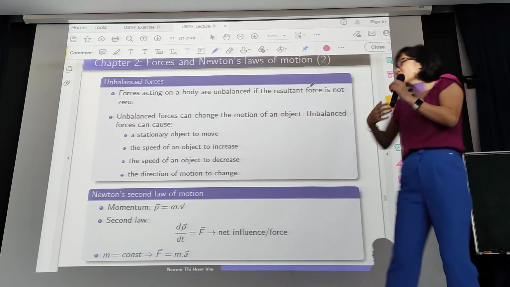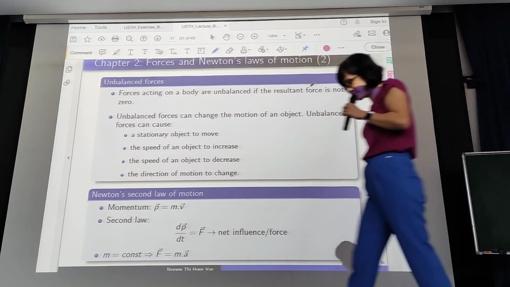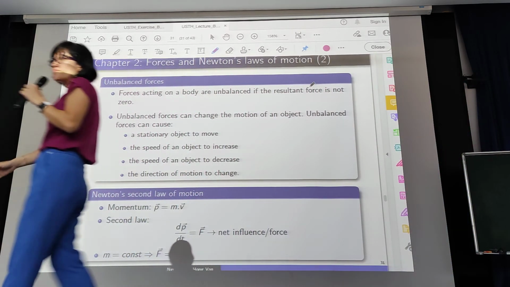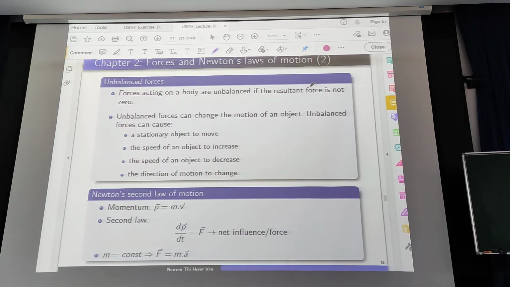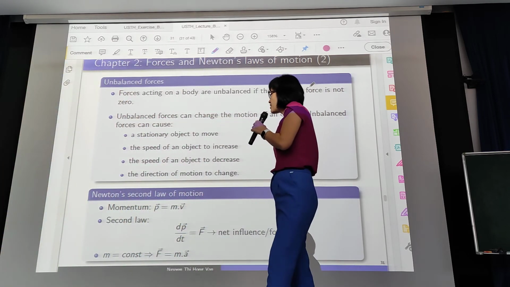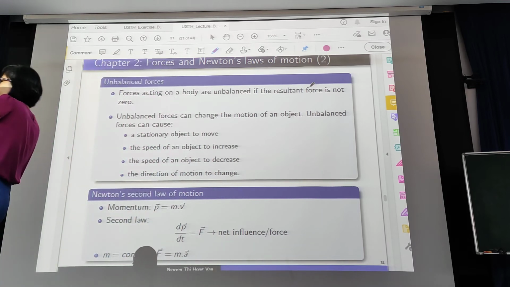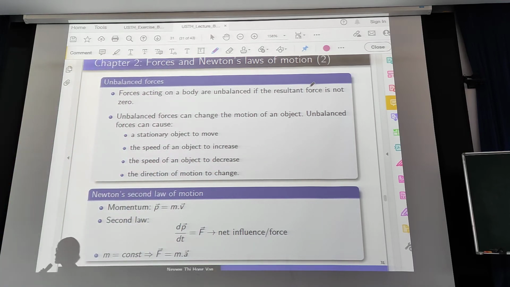Okay? So it causes a stationary object to move. Second, it can cause the speed of the object to increase. Maybe you are moving at constant speed, and then it may increase if you have more force acting on the body, right? And the third point, the speed can decrease. So I'm moving very fast. Now I brake, and then go slowly.